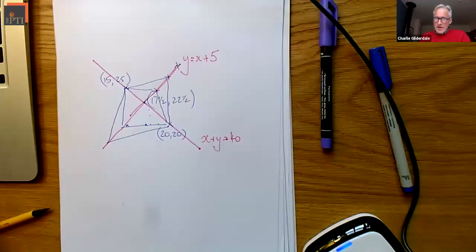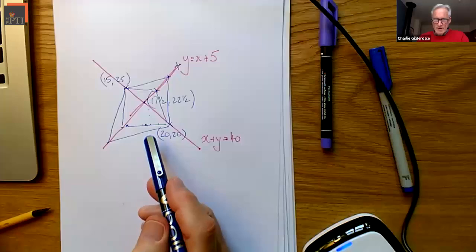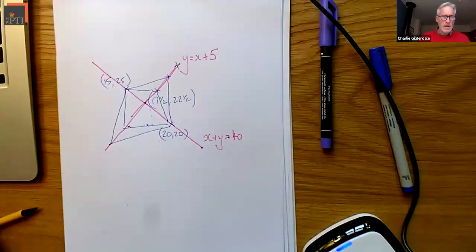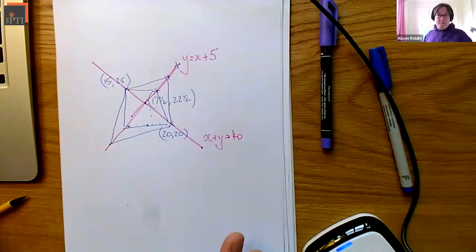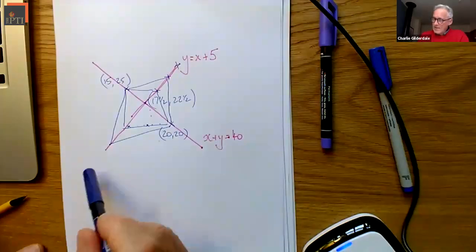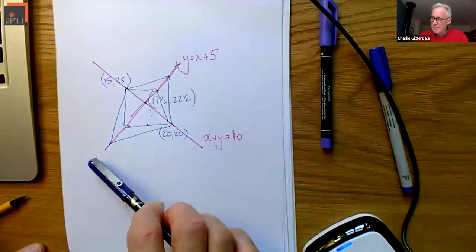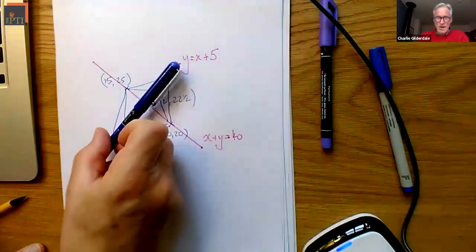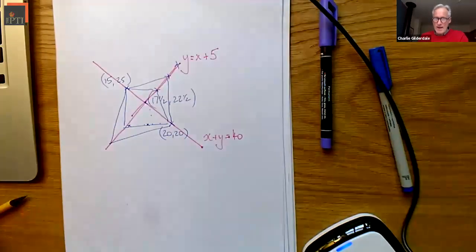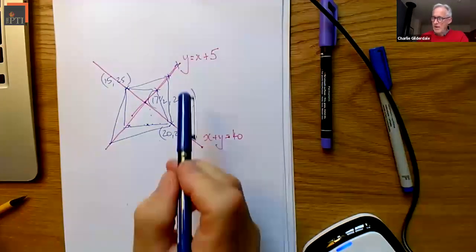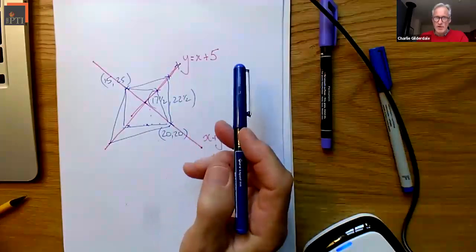So what's really nice about these triangles, Alison, is that 20, 20 has got a partner, which is what I was asking for, and none of the sides are either horizontal or vertical. It's quite nice that we can describe the points along this line as points where the y coordinate is 5 more than the x coordinate.